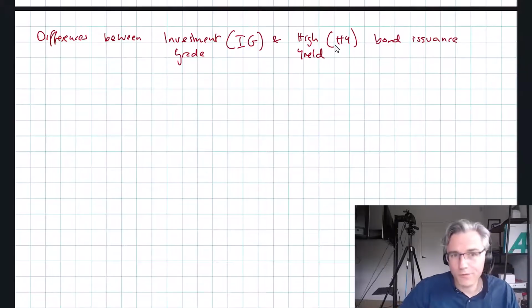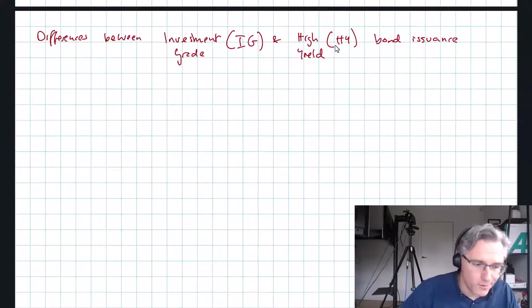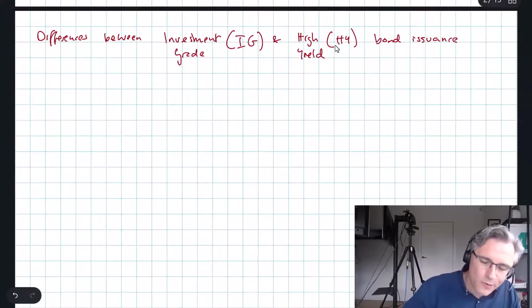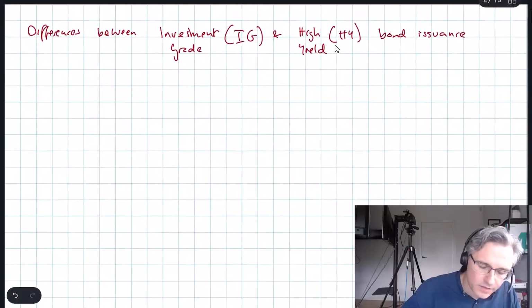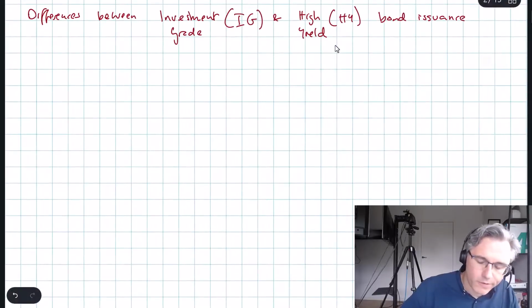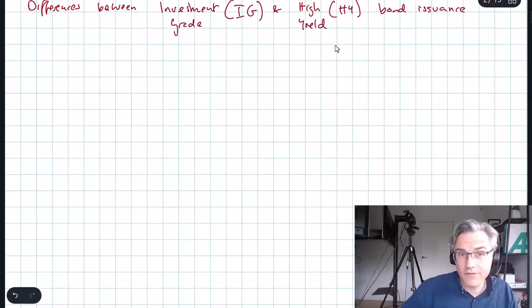Investment grade are the good quality borrowers or issuers. High yield are the lower quality issuers. So these are terms we introduced earlier anyway in a different video.